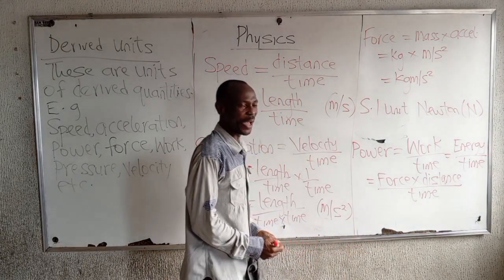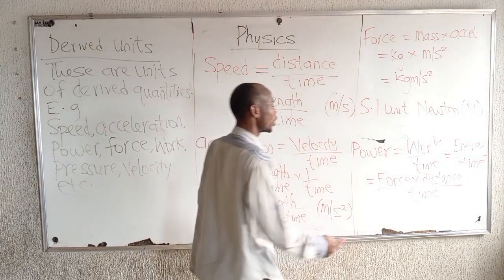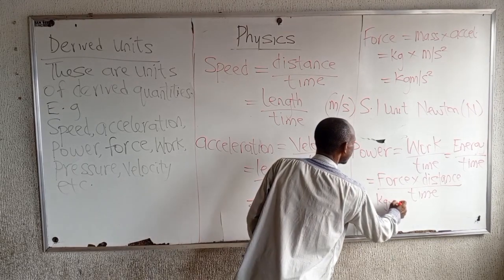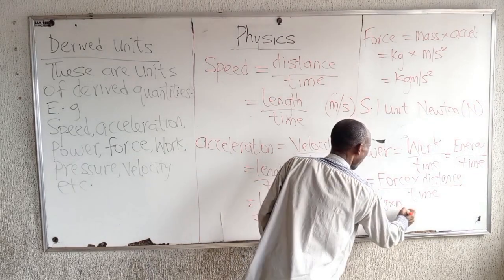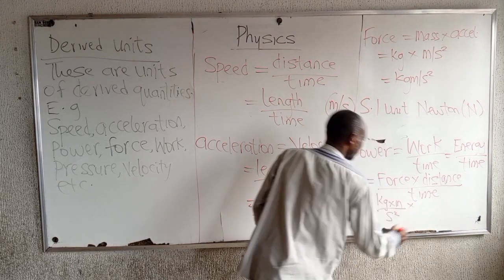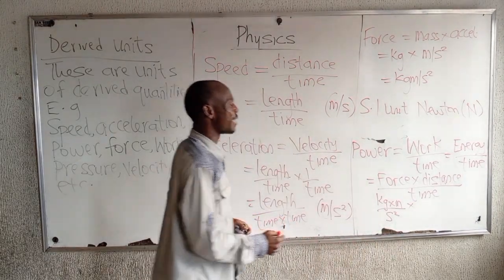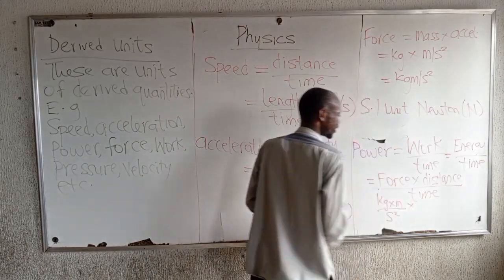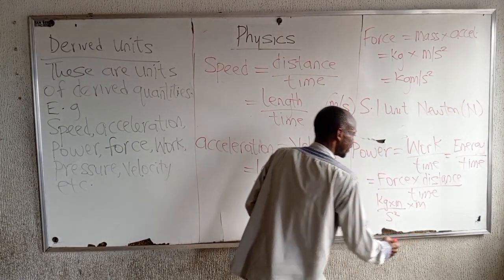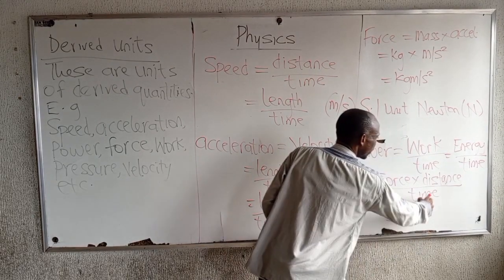So now let's look at that and see how we can bring it out. Our force is given as what? Kilogram times meter all over second square. Now this is times our distance, which is length. And length is also what? Meter. Then all over, what do we have?